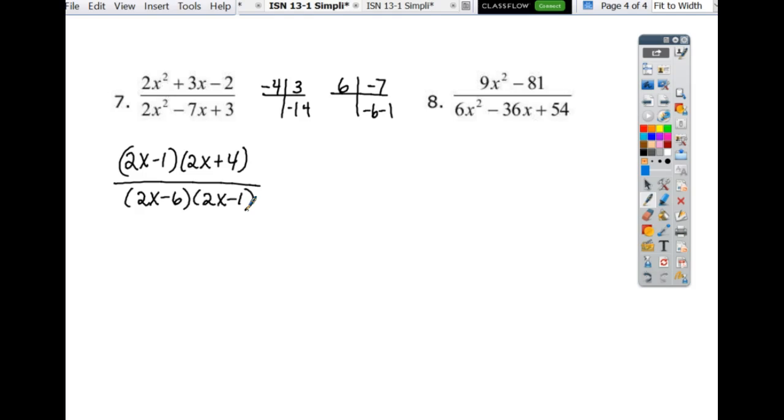So before I go any further, can I cancel anything? What can I cancel? So these cancel. So right here, 2x plus 4, can I reduce that? Right. So on top, that reduces to x plus 2, and this reduces to, and so that's your answer.